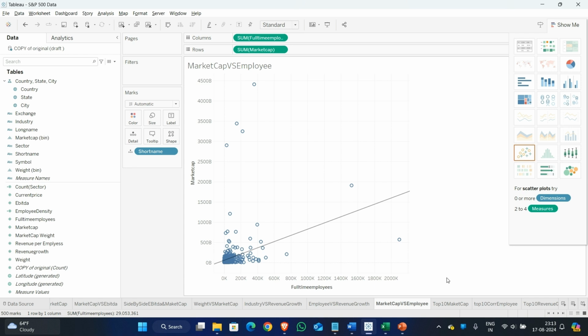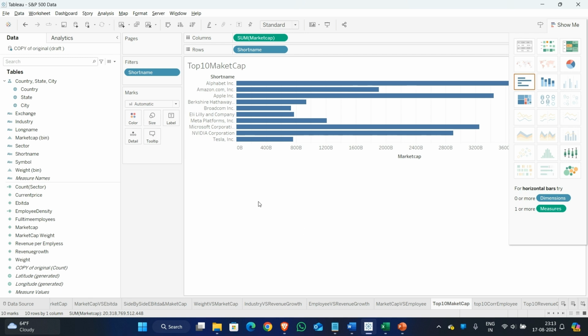Now we move to the top 10 market cap companies, and we try to do some analysis on those top 10 market cap companies.